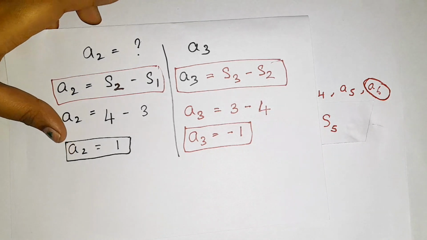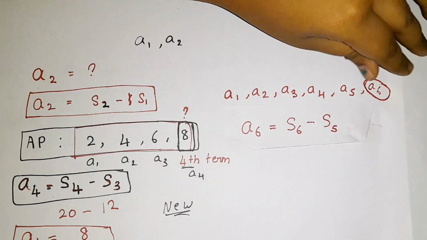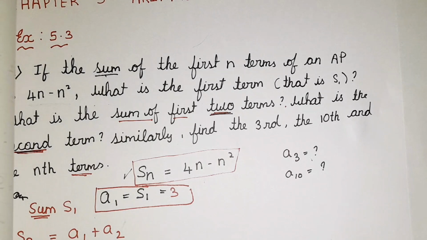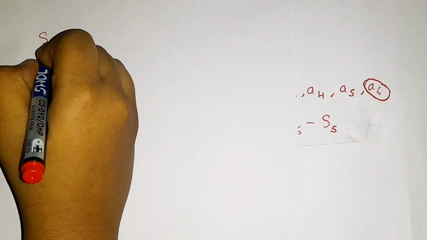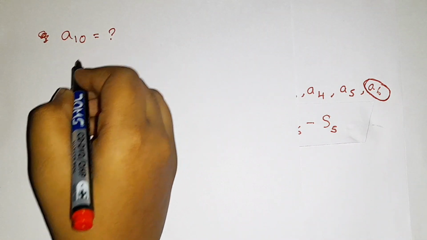So now let us find the 10th term. Why? Because according to the question, we are supposed to find A10 as well. So let us find the A10. So now we are supposed to find A10, right? So A10, it is in question mark. How to find A10?